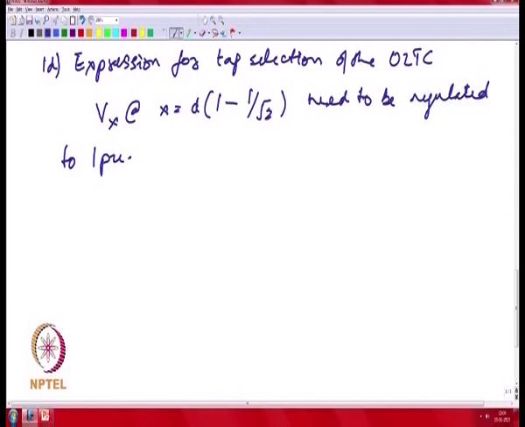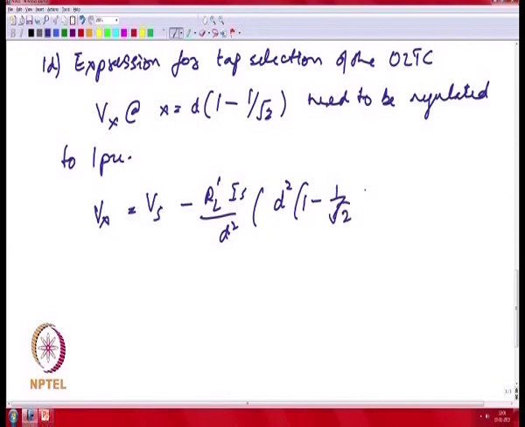So, you have V at x equal to Vs minus RL prime Is by d square into d square into (1 minus 1 by root 2).